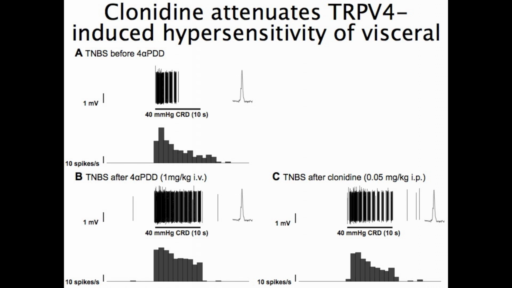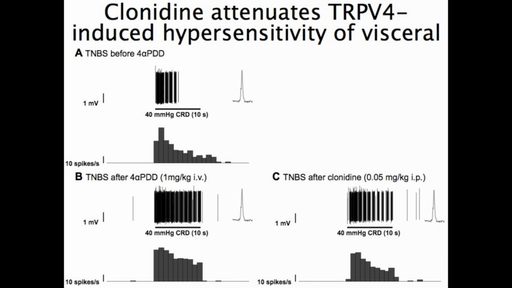And so this particular neuron, it's not doing anything. And then we inflate the balloon in the colon, and it begins firing. When we give 4-alpha-PDD, sorry, the agonist for TRPV4, and inflate the balloon, it fires more rapidly, meaning that this drug sensitized the neuron.